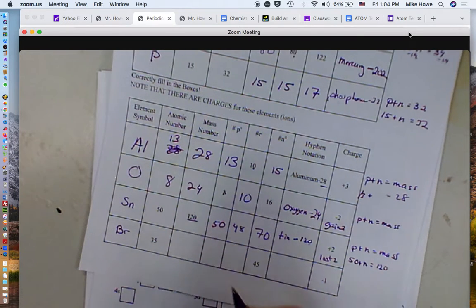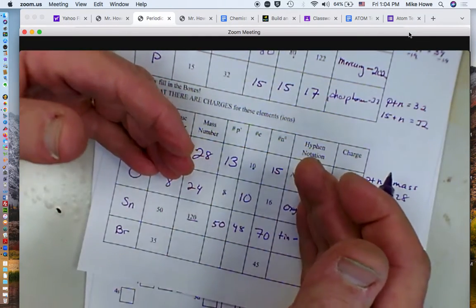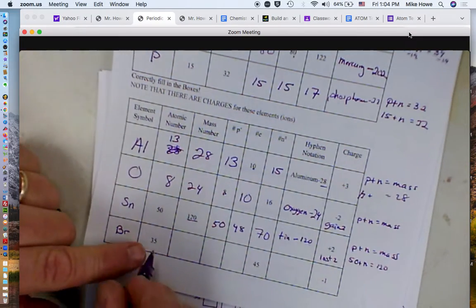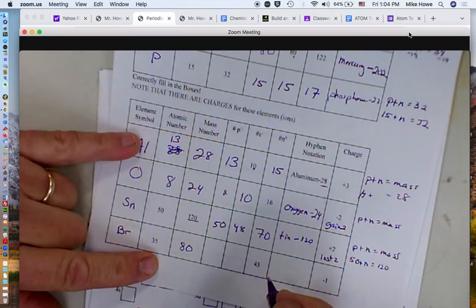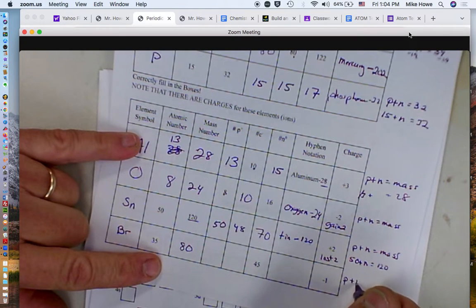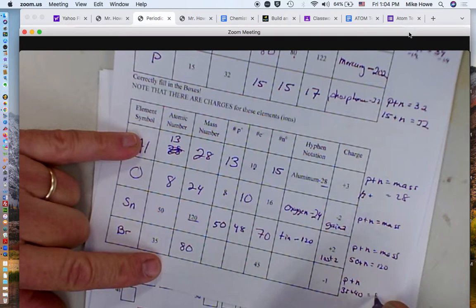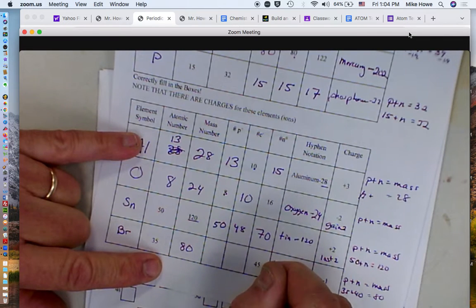The mass number of bromine we have to get from adding the protons and the neutrons together, because you can't tell what the mass is off the periodic table, because this might be an abnormal isotope that I put on this document. So 35 and 40 makes 80. Remember, protons plus neutrons, so we have 35 plus 40, and that's 80. That's the mass number. So I might as well go ahead and put that in.